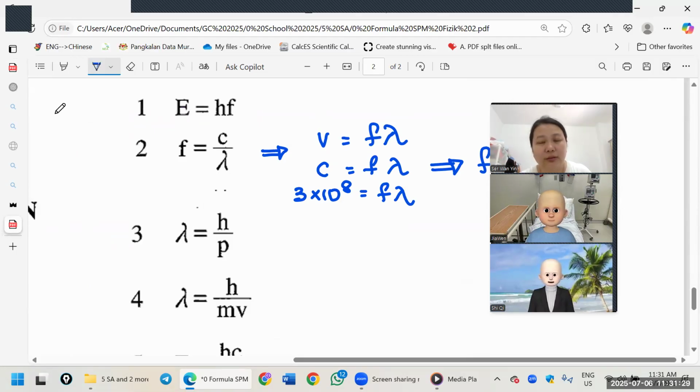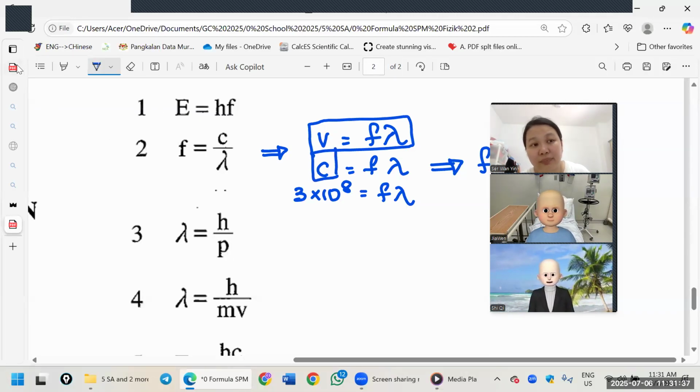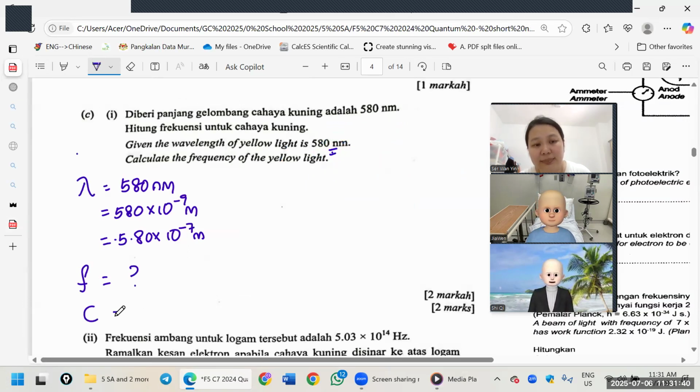Yes, we use this formula, f equals to c over lambda. Actually, it's from your form 4, v equals to f lambda. For light, c equals to f lambda. So for me, I like to use the form 4 form. Up to you.